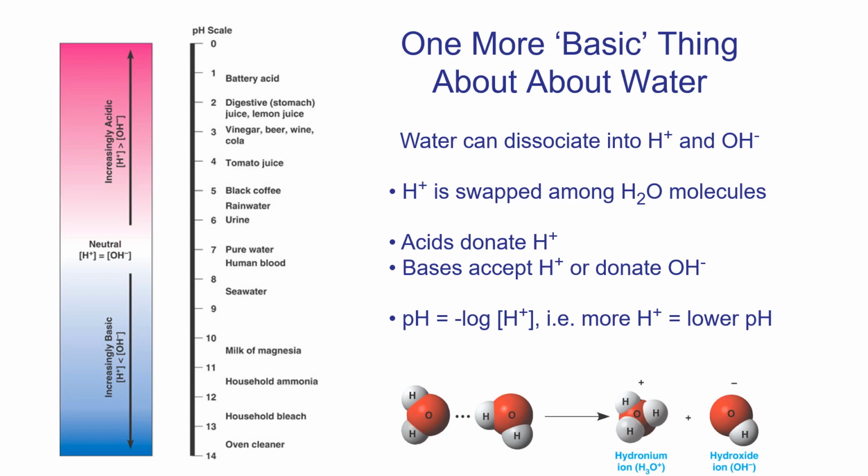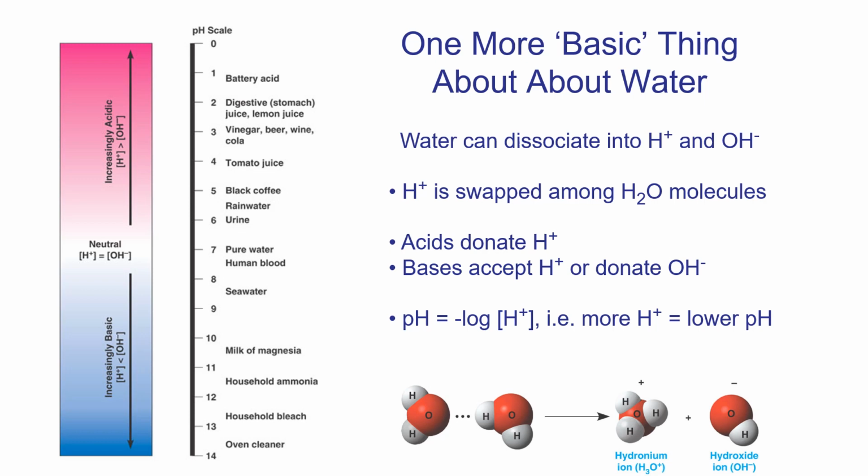Well, if we take a look at the scale on the left, we can see that 7 is pure water. If we go up to 6, even though the number is lower, there's actually more hydrogen protons. That's what the negative part is. It flips things around. Also, when we go from 7 to 6, we're going up a multiple of 10. And that's what the log part is. It refers to a logarithm, an exponential situation.